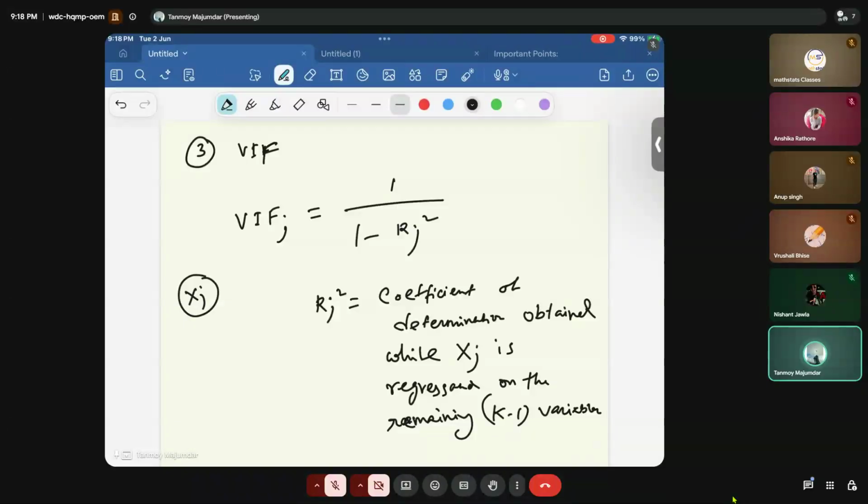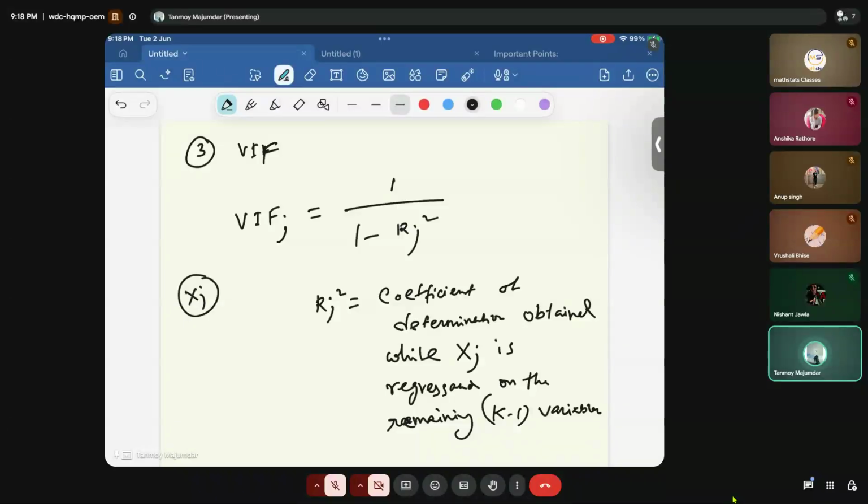I hope you already studied multiple correlation and partial correlation. There was a concept of regression, and this is the regression of xj. So basically we consider xj as the dependent variable and all the other variables as independent. Then we fit a model, and from here we calculate r square.